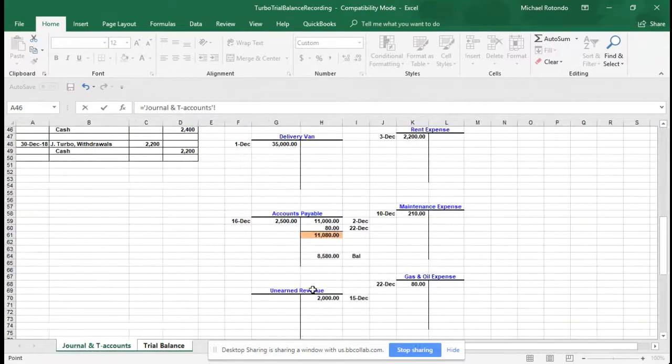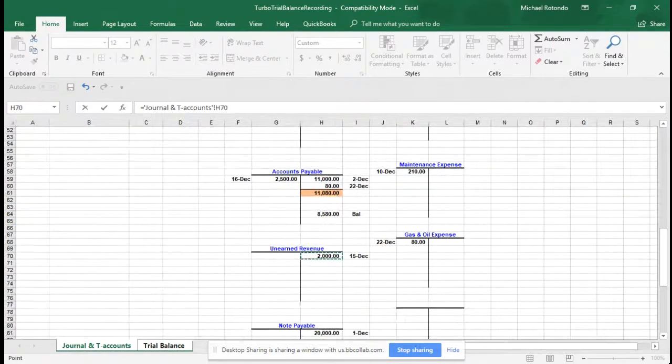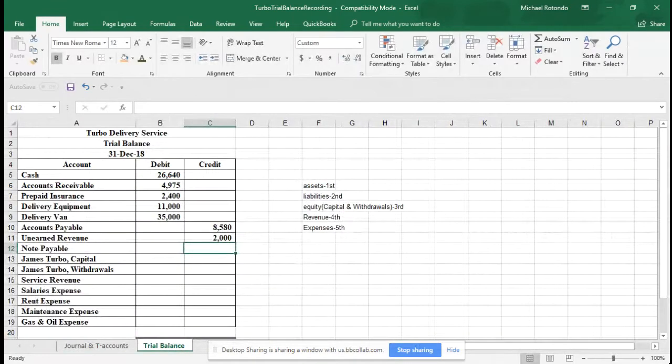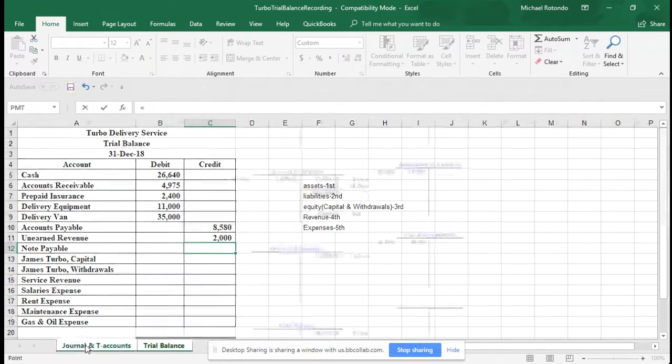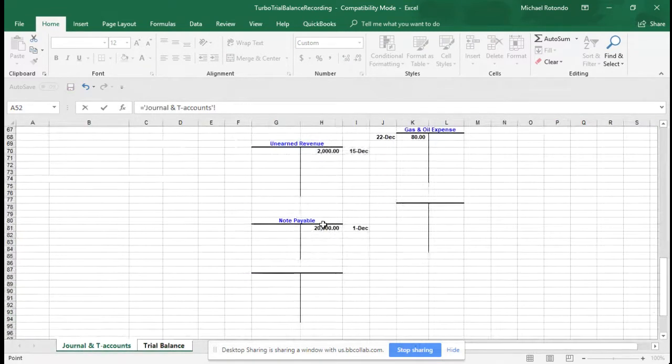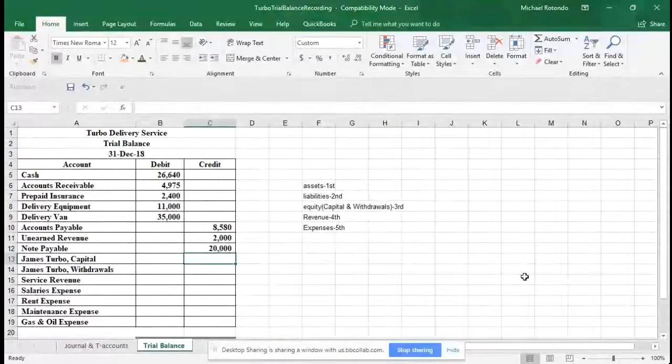Click on the Journal and T Accounts tab, find the number we want, click on it, press Enter. Note payable, same thing. Equals, and then we click on the Journal and T Accounts tab, and we click on the 20,000, press Enter.